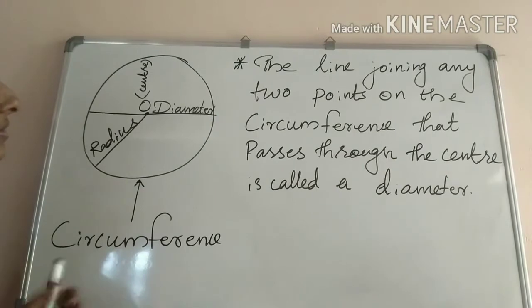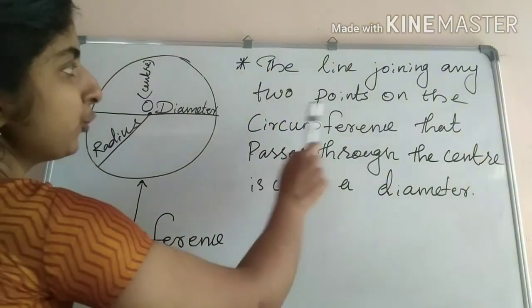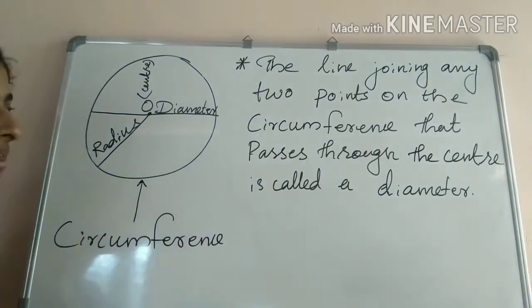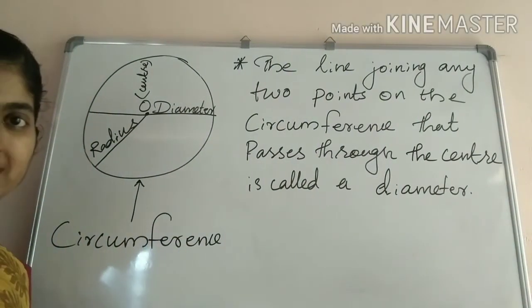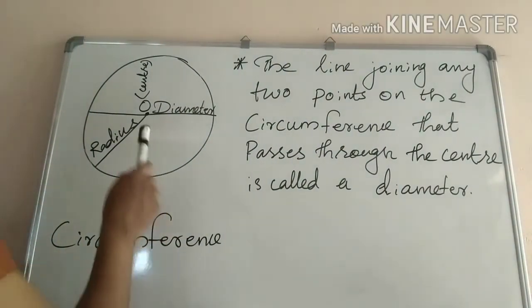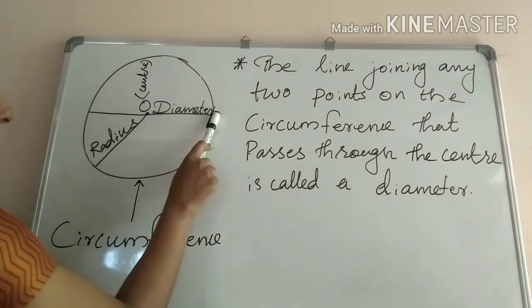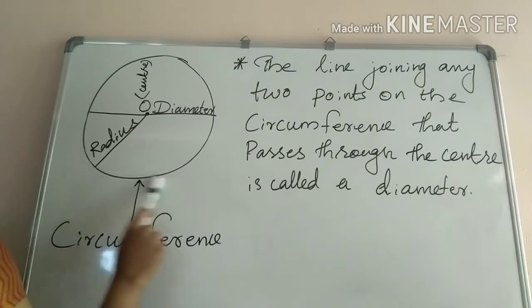The next one is: the line joining any two points on the circumference that passes through the center is called a diameter. This is the circumference.